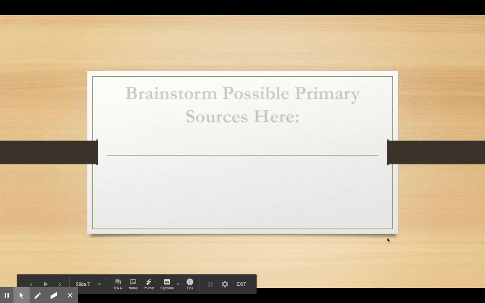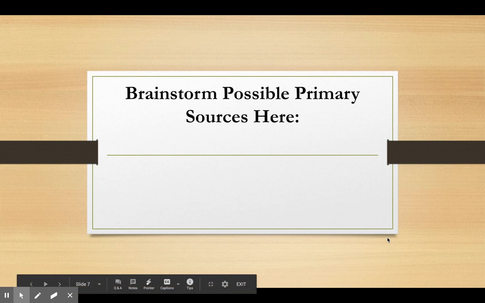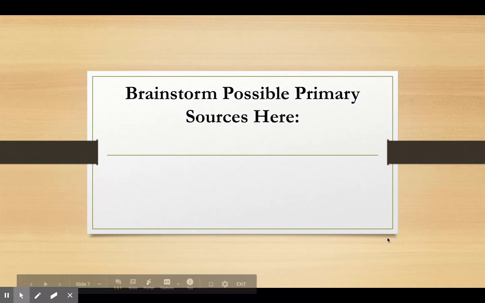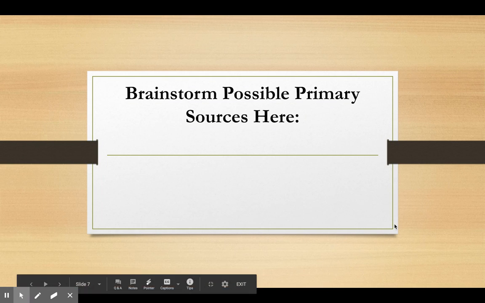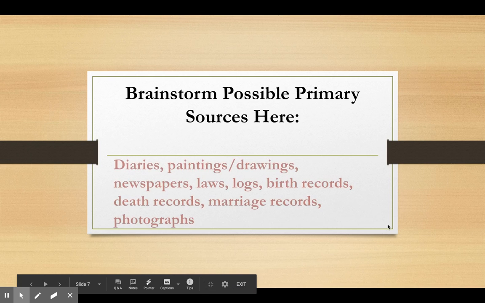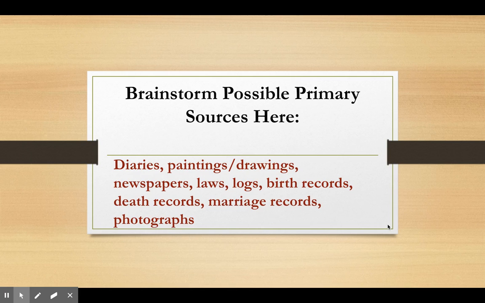All right, welcome back, my friends. You should have been brainstorming possible primary sources. See which ones you have. I'll bet you have ones that I don't. Here's a list I came up with. Diaries of people who wrote about something that happened while they were alive or at the event.